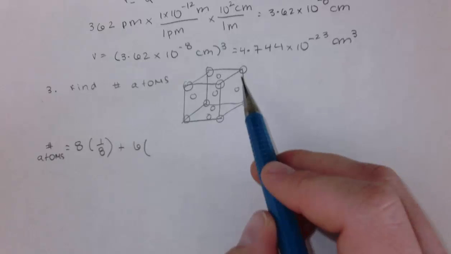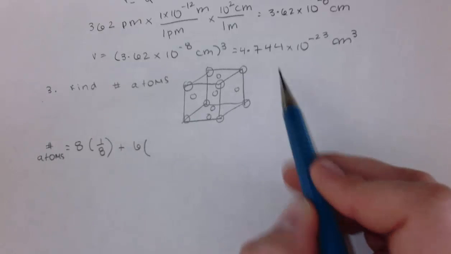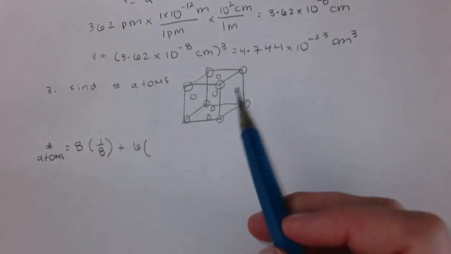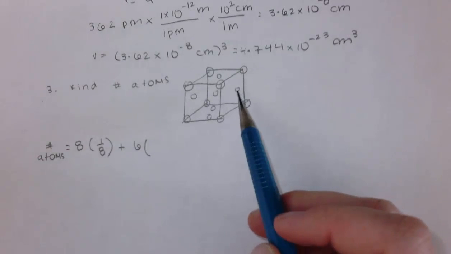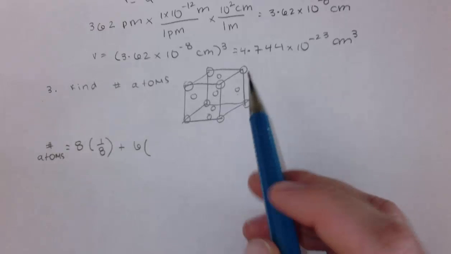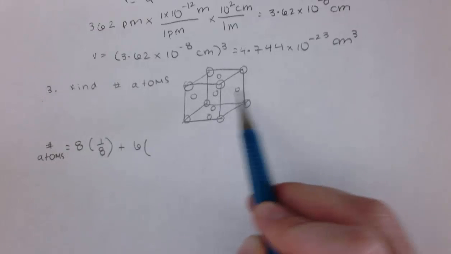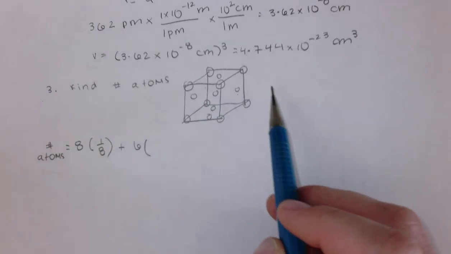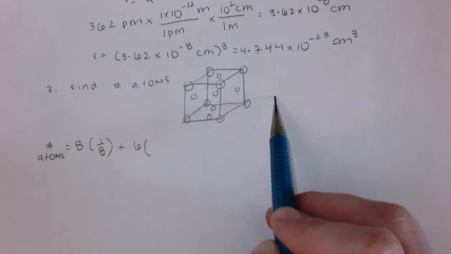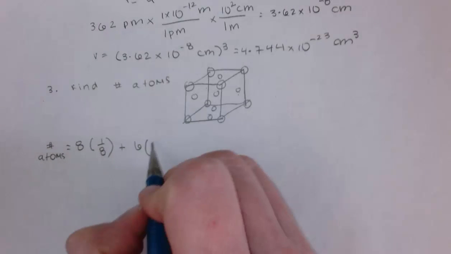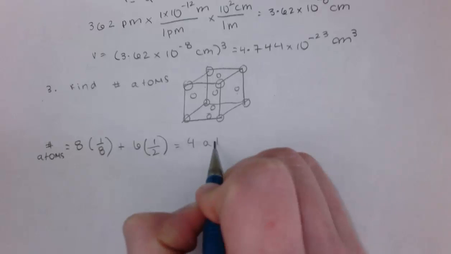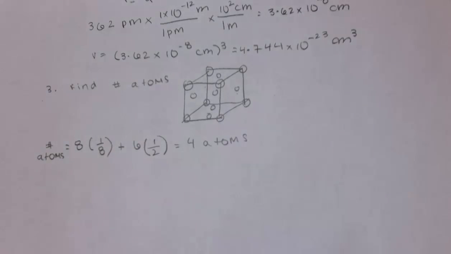So if you can imagine another unit cell sitting right next to this one and touching, this atom on the face is being shared by those 2 unit cells. So 1/2 is in this cell, 1/2 will be in this cell right here, if you can picture that. So using this formula, we get that in total we have 4 atoms.